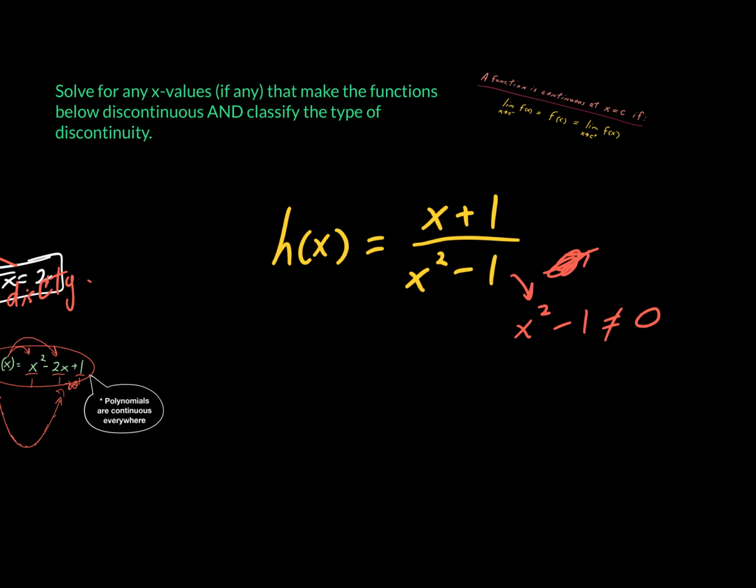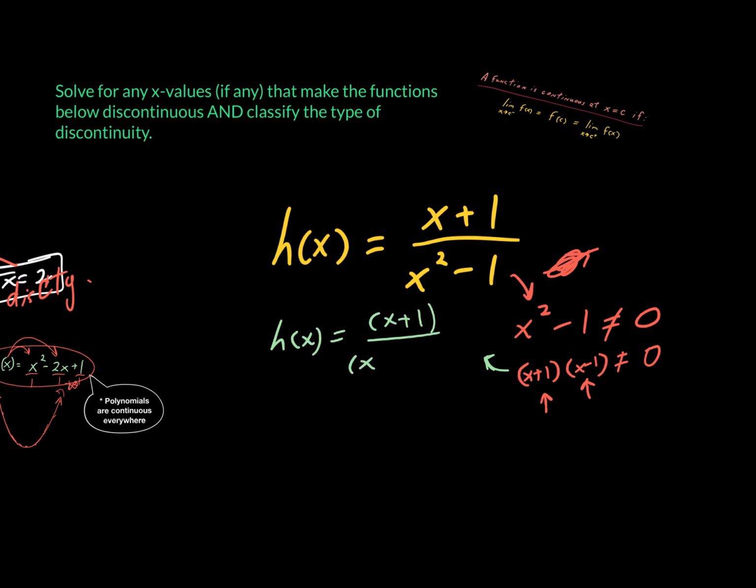That's a no-no. This is a difference of two perfect squares: x plus 1 times x minus 1, which technically means that we can't have either one of these equaling 0, because 0 times anything is 0. However, if we go back to the problem over here, we can cancel something out.